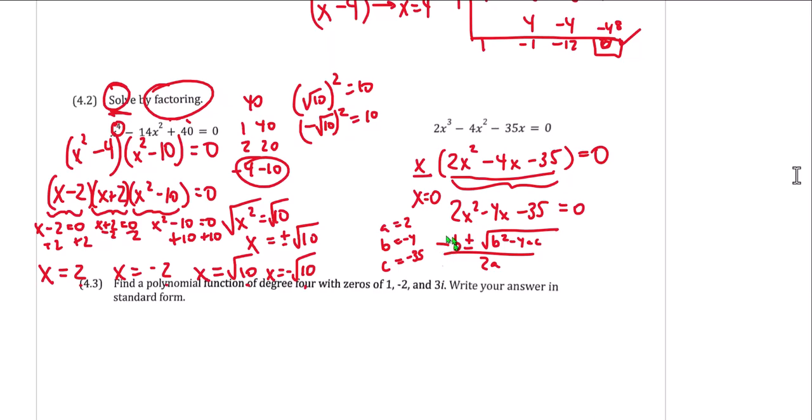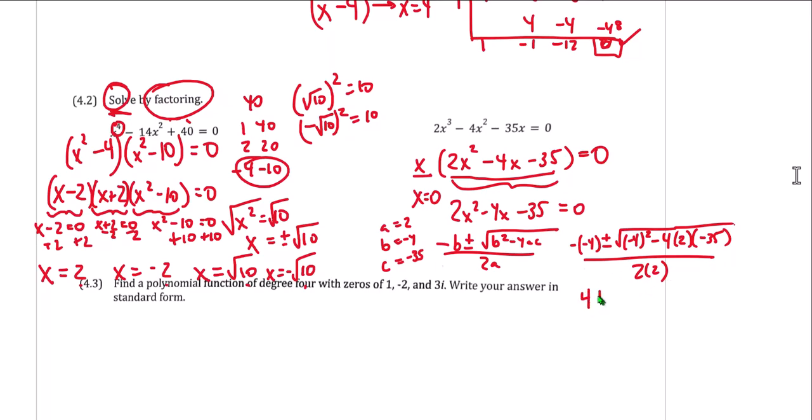So my b, that's negative 4 plus or minus square root of b squared. So that's negative 4 squared minus 4 times a times c, all over 2a.